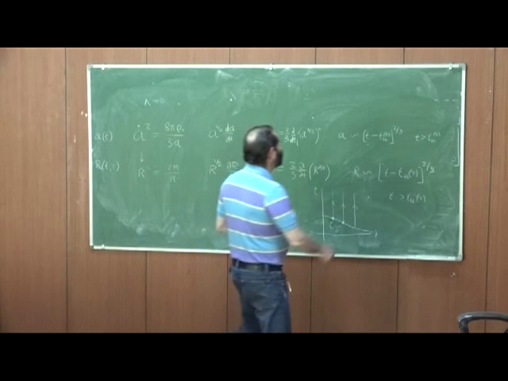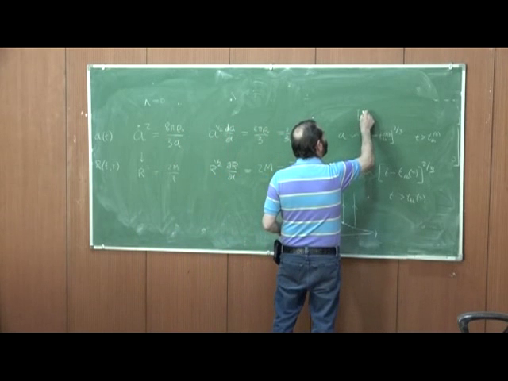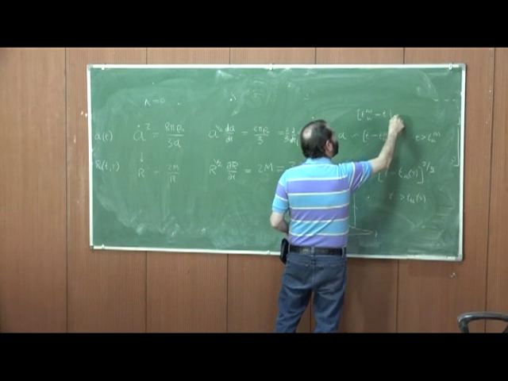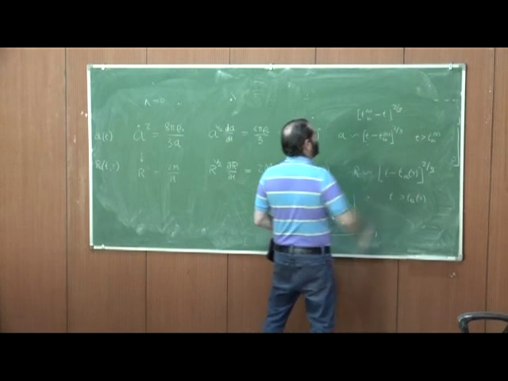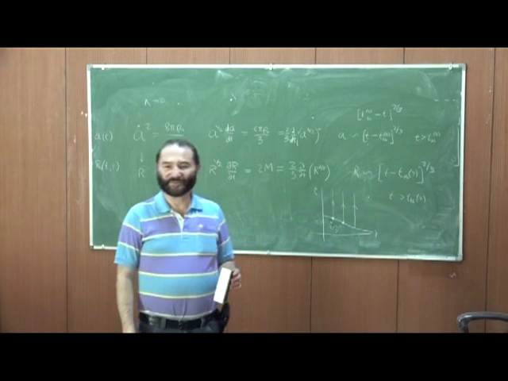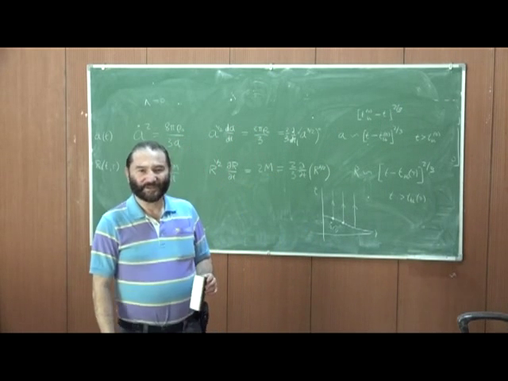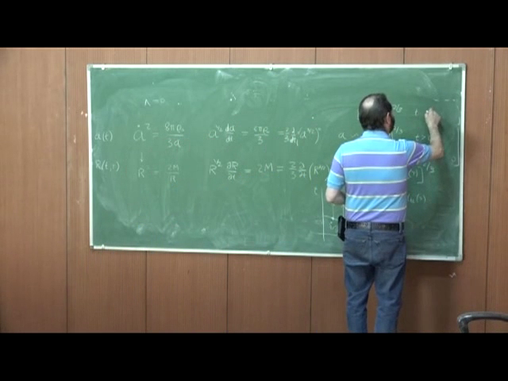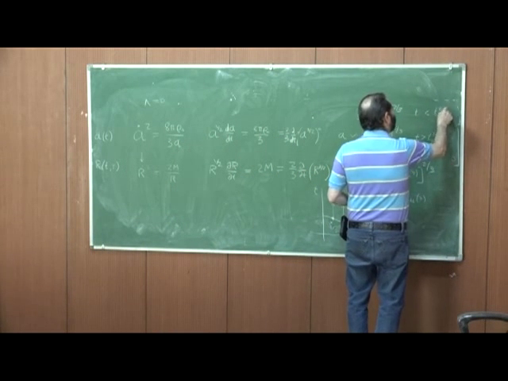This would also be a solution, but it would have a different interpretation, because this solution would only be valid for times smaller than t_BB.